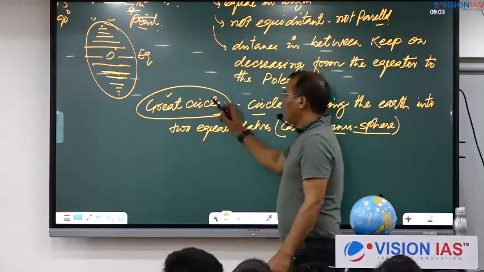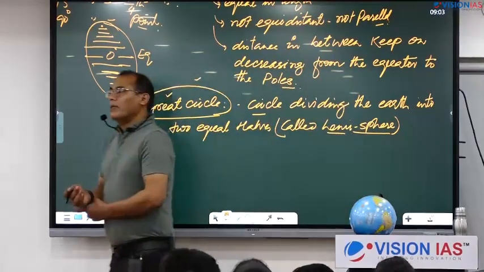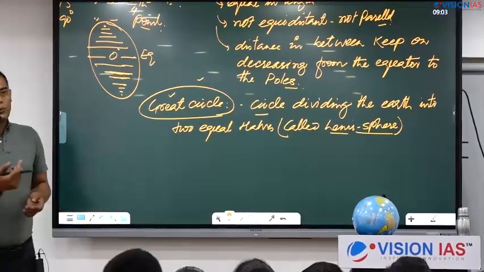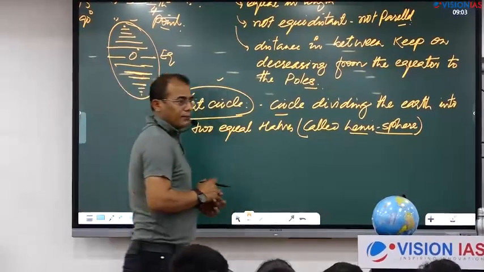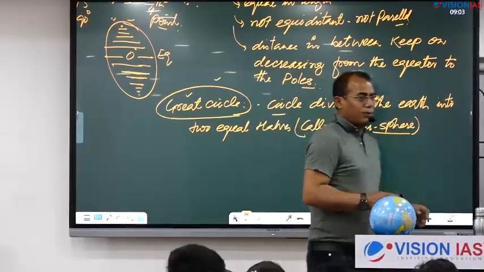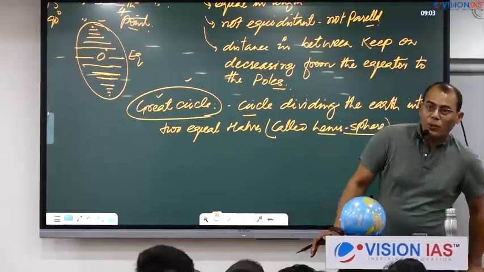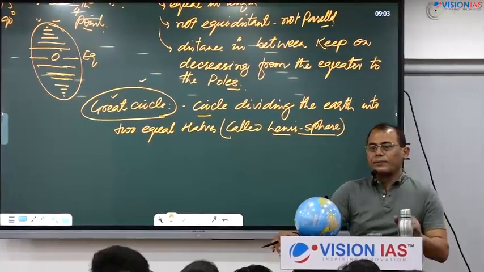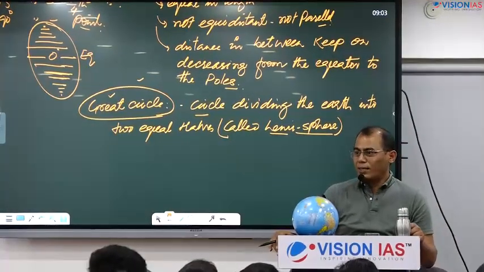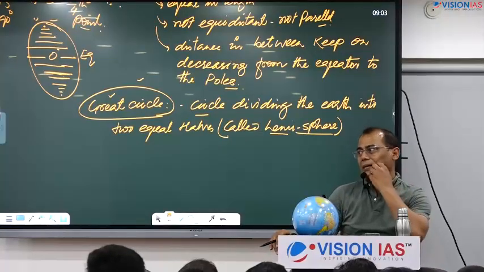Now I'm asking, all the latitudes are great circles. True or false? False. No latitude is a great circle. Equator is the only latitude which is a great circle.